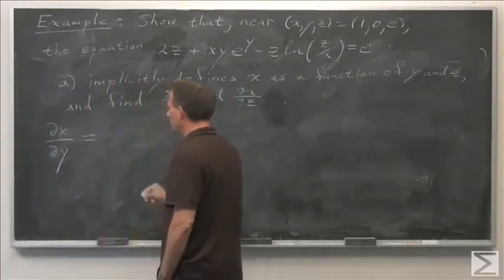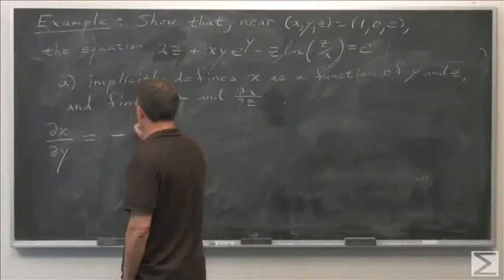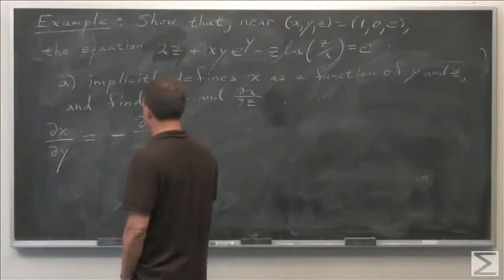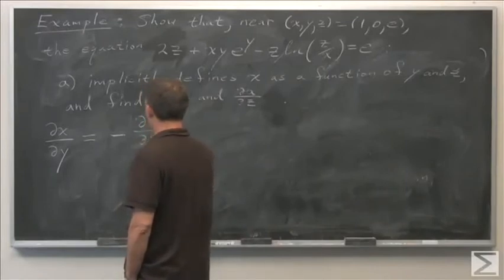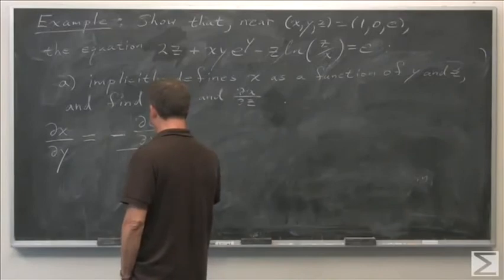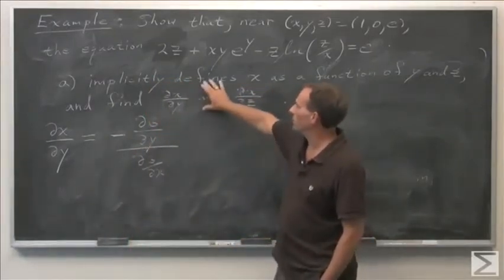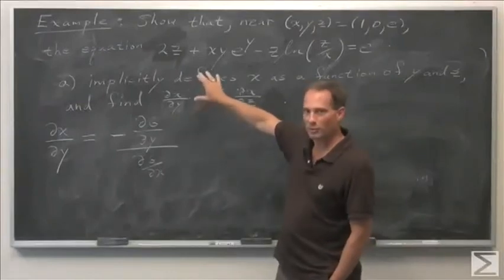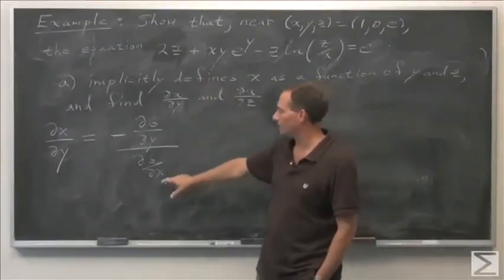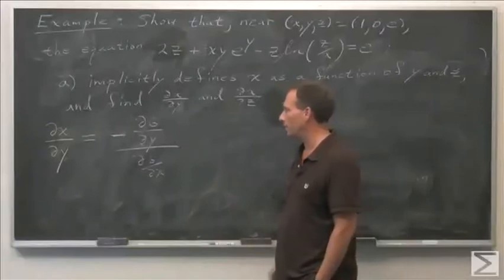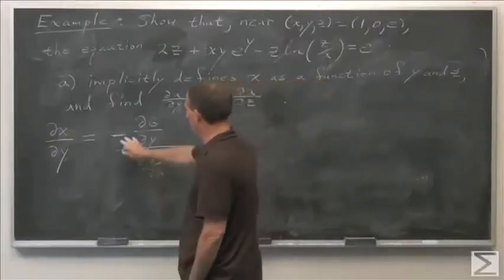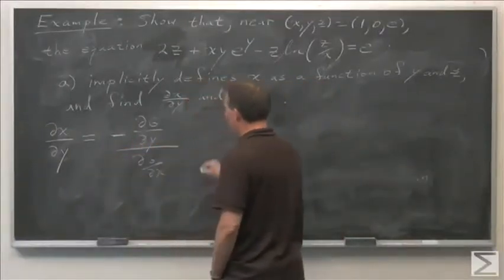Our formula for this was that you get negative the partial derivative of, I wrote f before, but now our function is g, the partial derivative of g with respect to y divided by the partial derivative of g with respect to x, right? This is the part where the partial derivative of g with respect to x is not 0, so it's all right for it to be in the denominator. You have the negative sign, you have the partial with respect to the other variable.